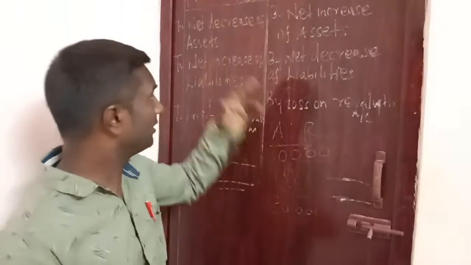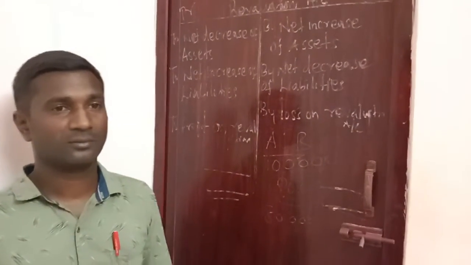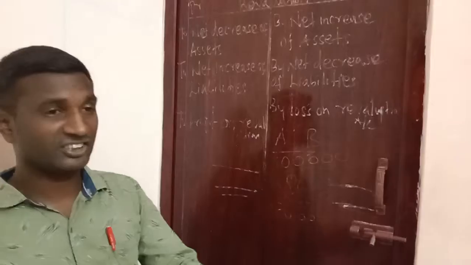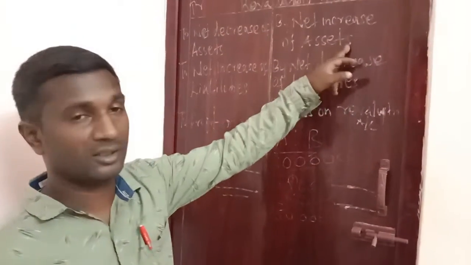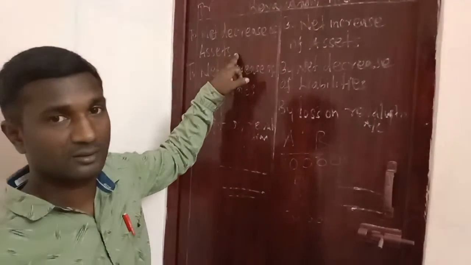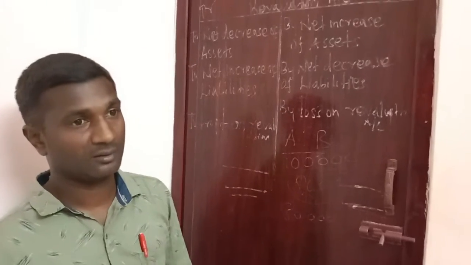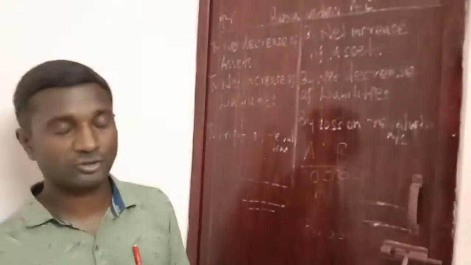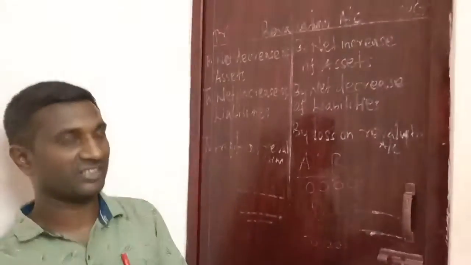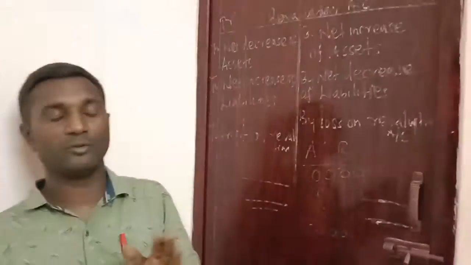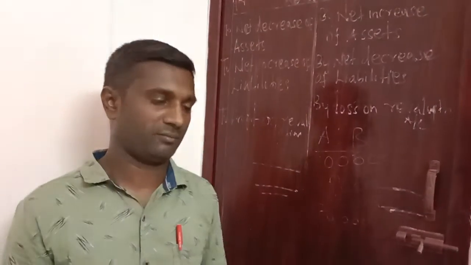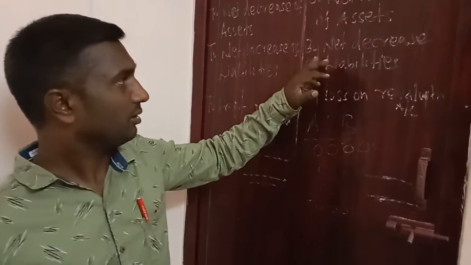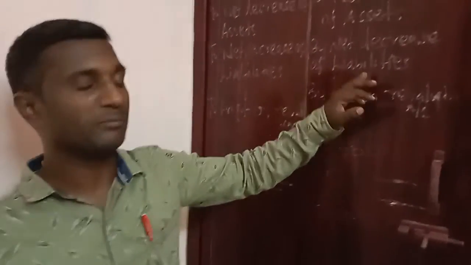Assets decrease, debit. You understand? Okay, now you see the second point. Assets increase, credit; decrease, debit in the revaluation account. Clear, I think.